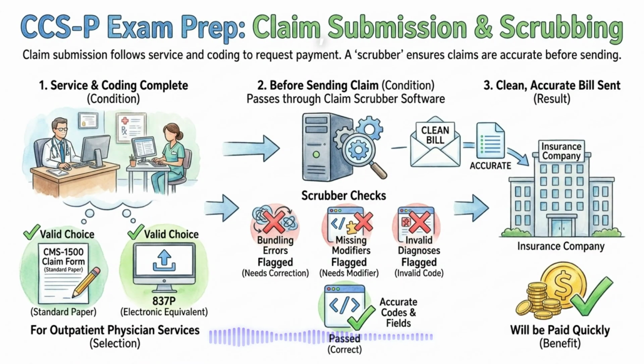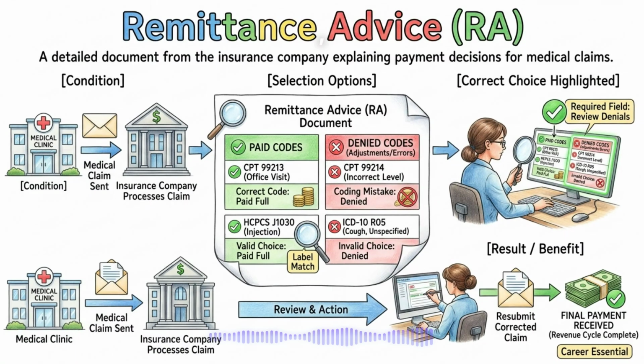Before the claim leaves the building, it usually passes through a software program called a claim scrubber, which automatically checks the codes for bundling errors, missing modifiers, or invalid diagnoses. Scrubbing claims ensures that the clinic sends out clean, accurate bills that will be paid quickly.